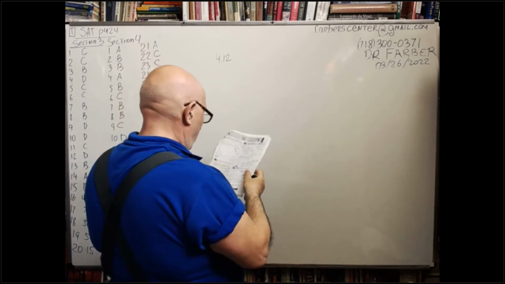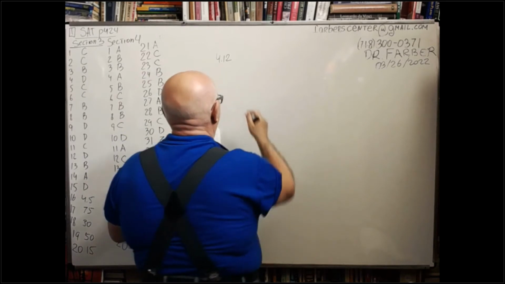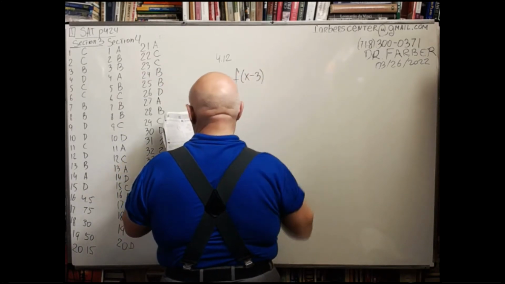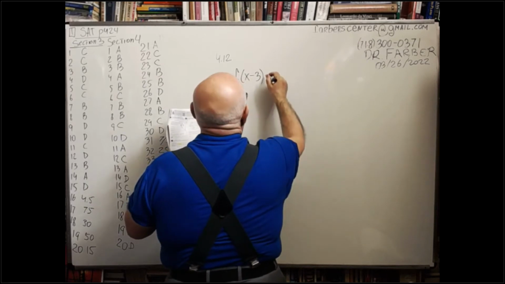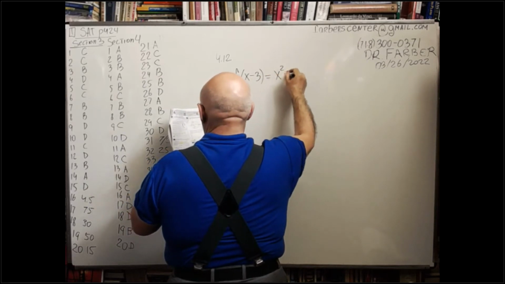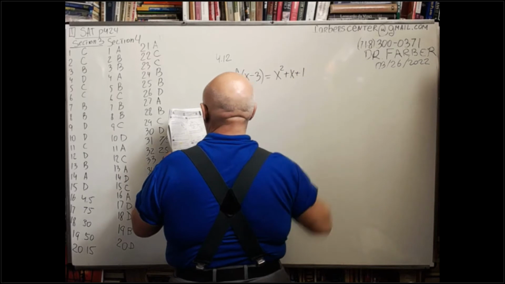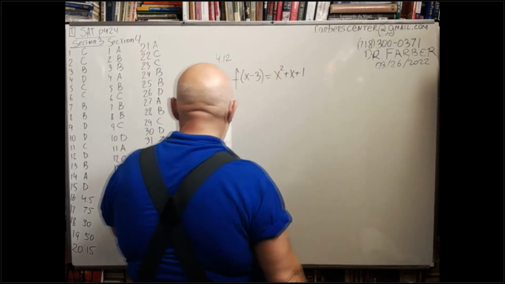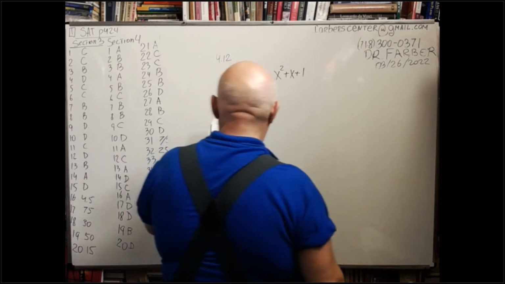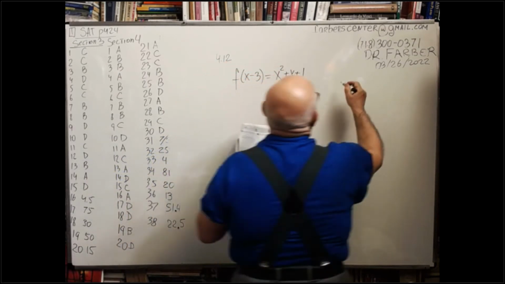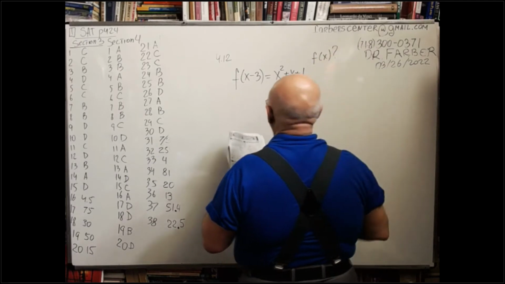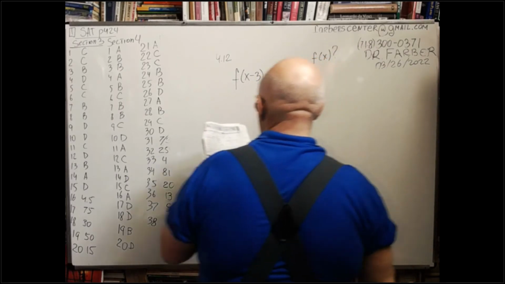What we have: f of x minus 3 equals x squared plus x plus 1. You have to find f of x. Well, we did one of these. What's the difference here?